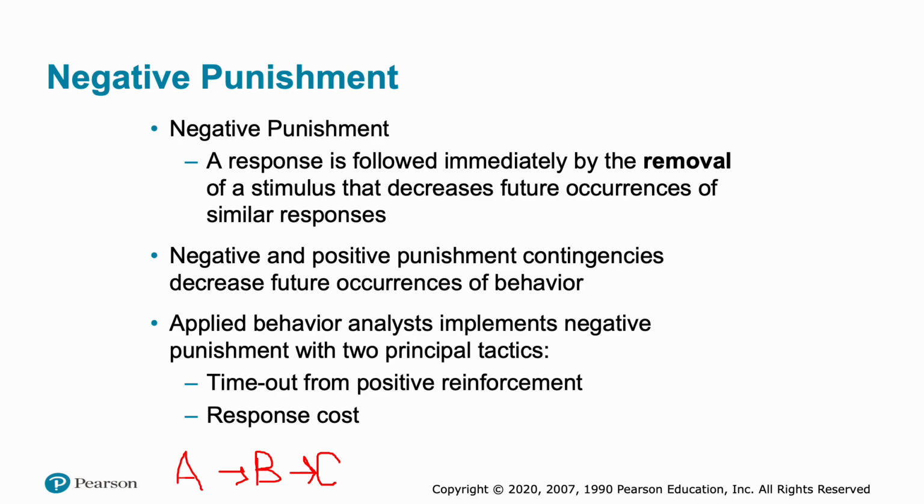The stimulus that's being removed is typically a desirable stimulus, and this is important to keep in mind. It's typically a stimulus that the person wants to have access to. And so because you're removing a stimulus that the person wants to have access to, we see a decrease in that behavior that resulted in the loss of that desirable stimulus.